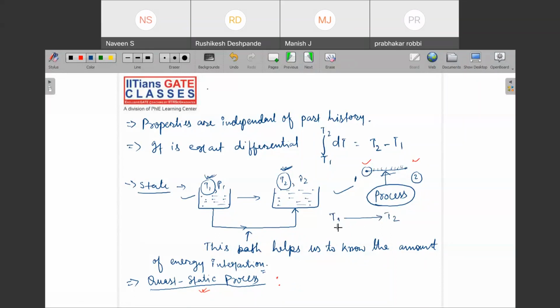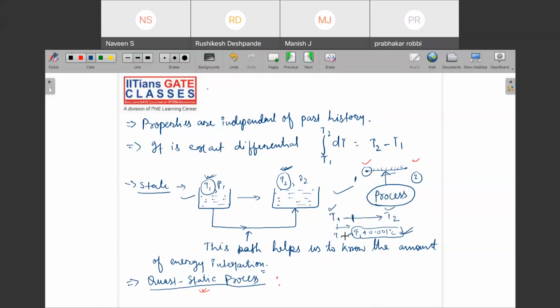Let us say that if you were at T1, then at the next instant you are at T1 plus 0.001 degree Celsius. Can you see that this is in equilibrium only, as there is not much change in the state? You have started your travel from T1 to T2, but you are walking through an infinite number of states.